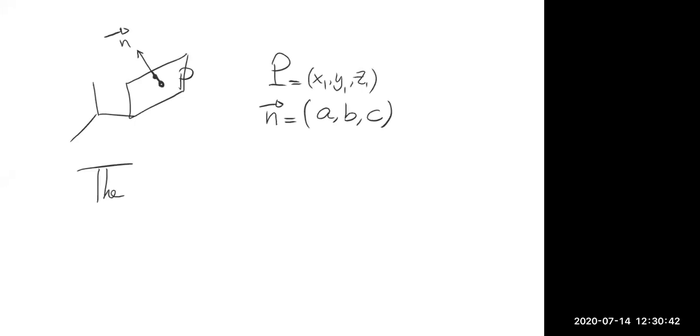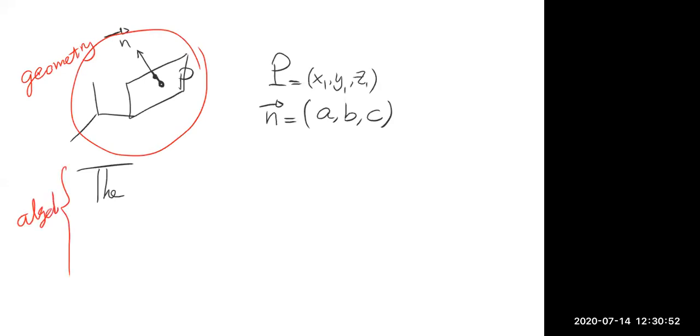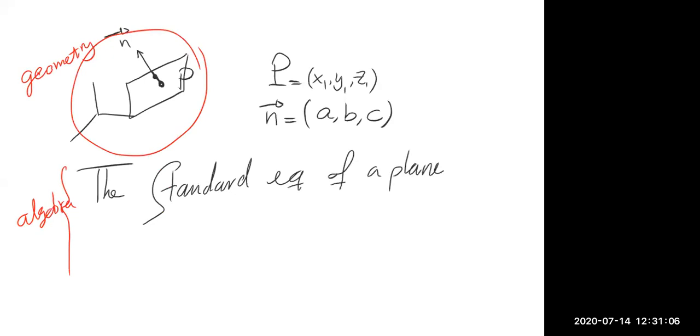well, this is the geometric way to see it. This is geometry, drawing the graph. The algebra is writing down the algebraic equation, which is called the standard equation of a plane in 3D space.